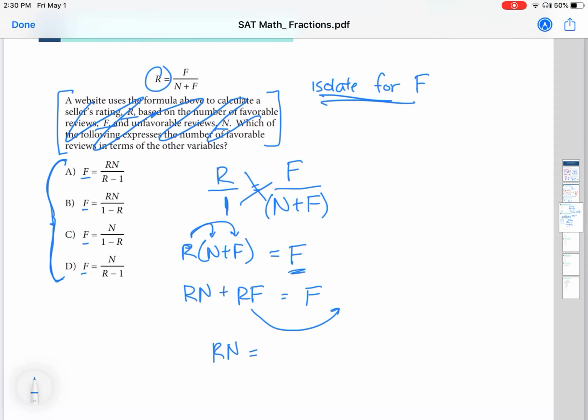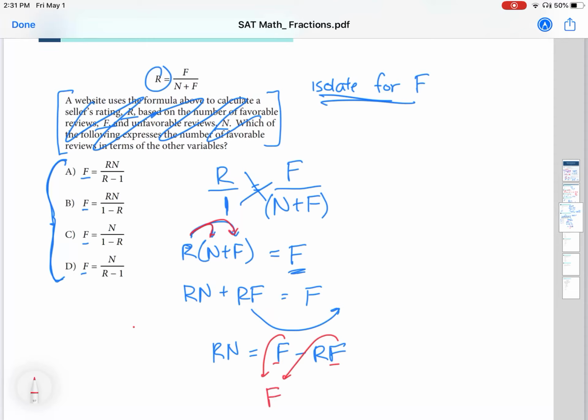So I get Rn equals F - RF, just subtracting it to the other side, because this is the key step here. And hopefully some of you guys have noticed this. In order to get F truly by itself, I need to factor it out, right? And factoring is the opposite of distributing. So here where I distributed in, here I'm actually going to take F out.